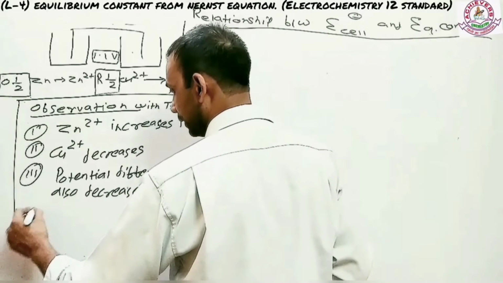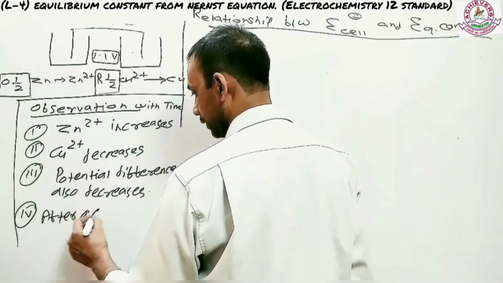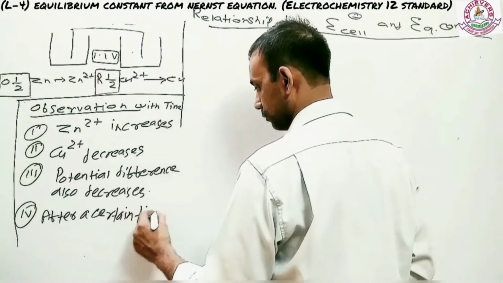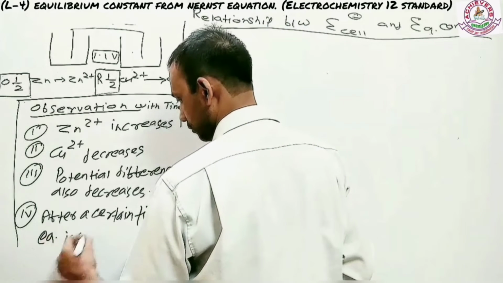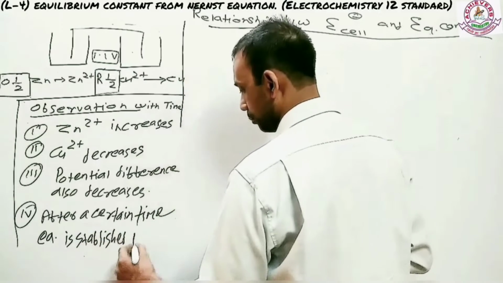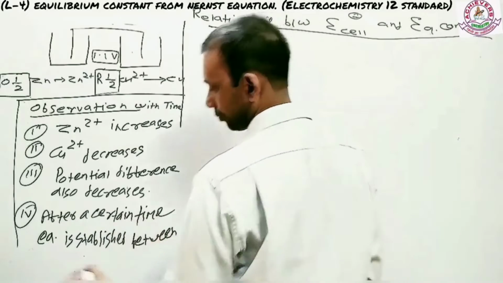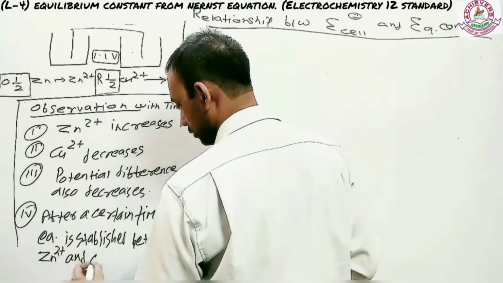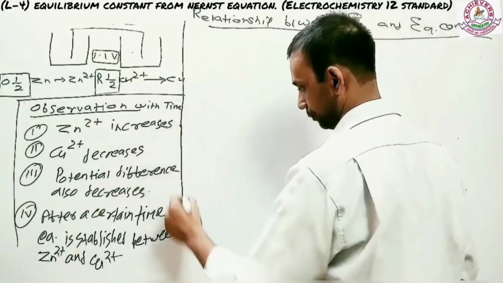The final observation is that after a certain time, equilibrium is established between Zn2+ and Cu2+. So these are some of the observations you go through.